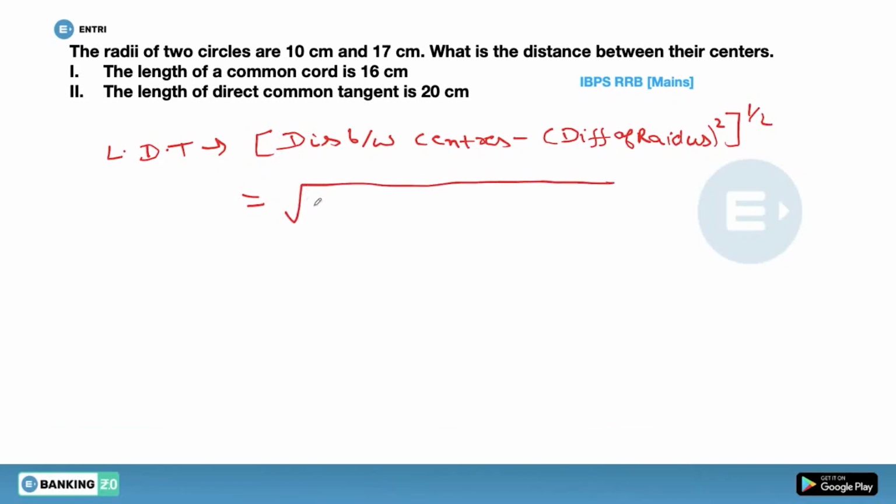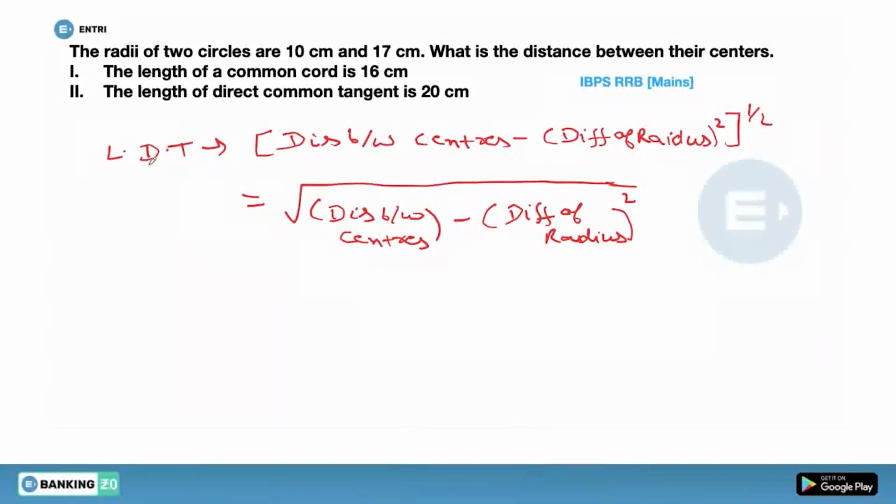Fine. That means we can use this formula here, or we can write it in this manner: the root of the distance between centers of the circles squared, minus the difference of radii, squared. And if I use this formula, I know that I am already given the length of the common chord as 16, and here I am given the length of the direct common tangent as 20.